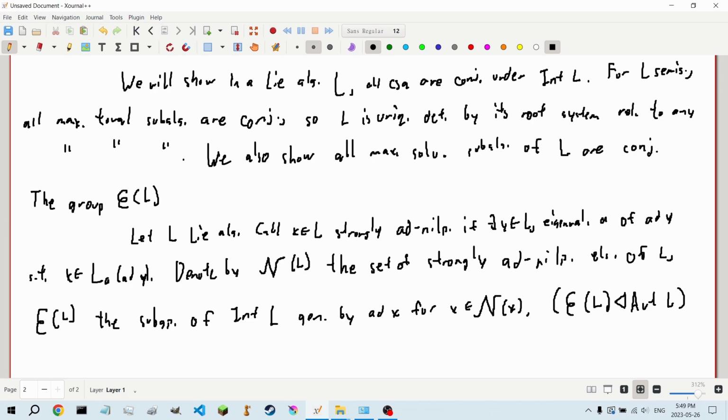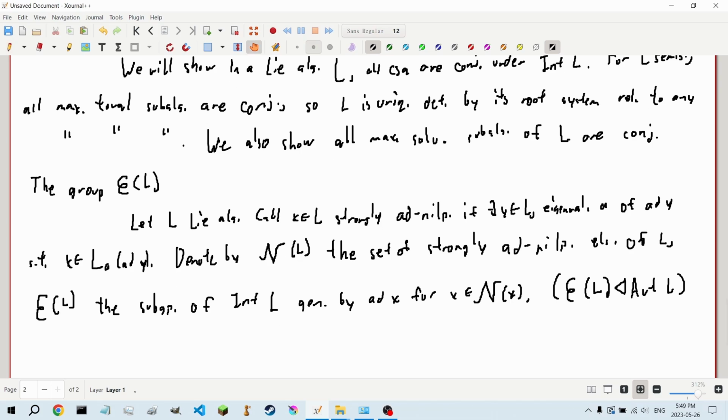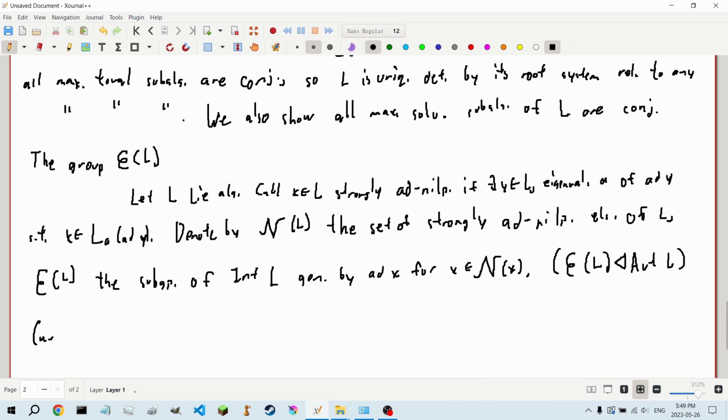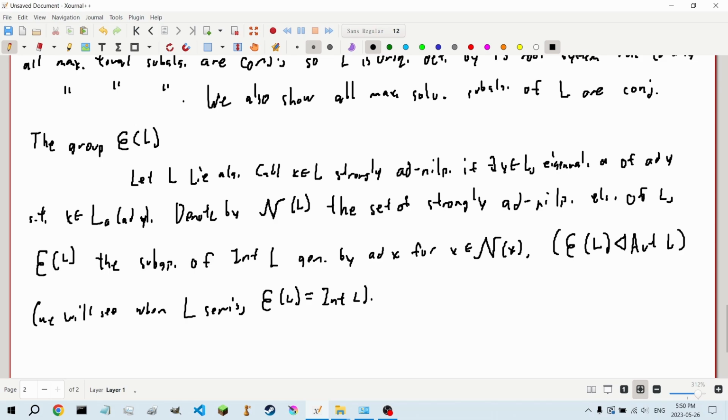And I think we will see that when L is semi-simple, E of L is actually equal to the inner automorphisms of L. So we set this up to have stronger properties.